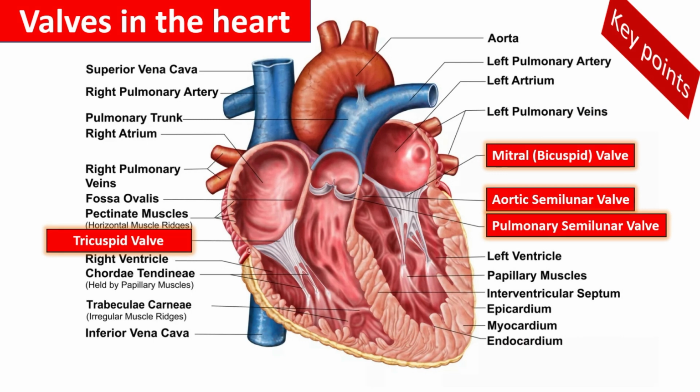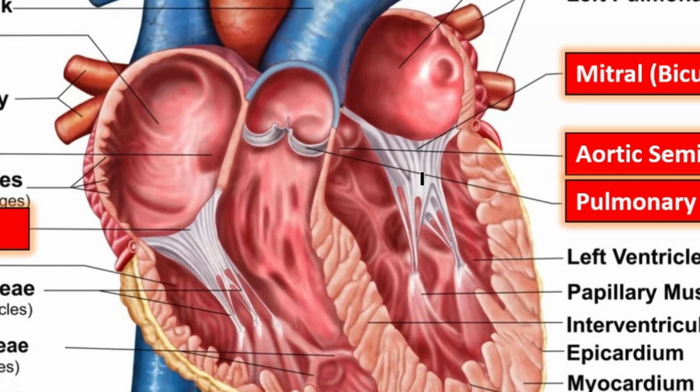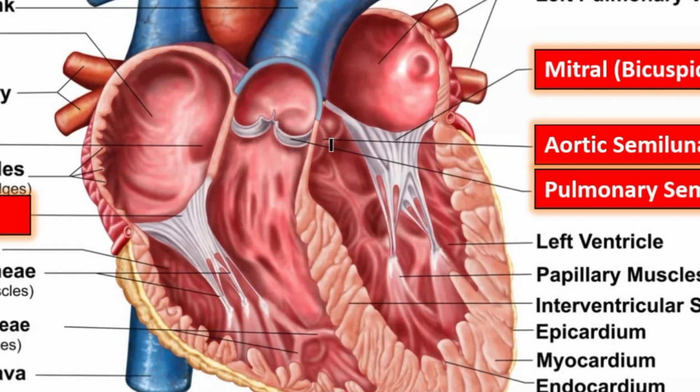Let's talk about the valves present in the heart. There are totally 4 valves present inside the heart. The first one, tricuspid valve. Another one, mitral valve. This is the aortic semilunar valve, and this one the pulmonary semilunar valve.